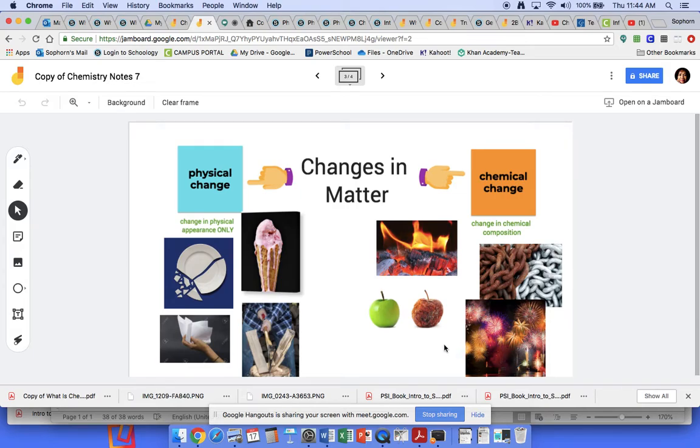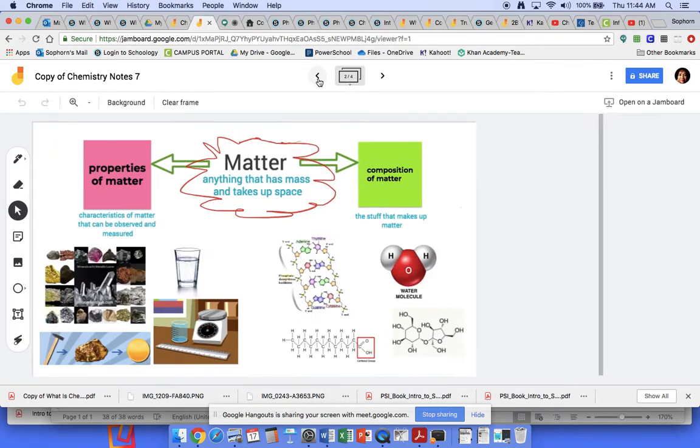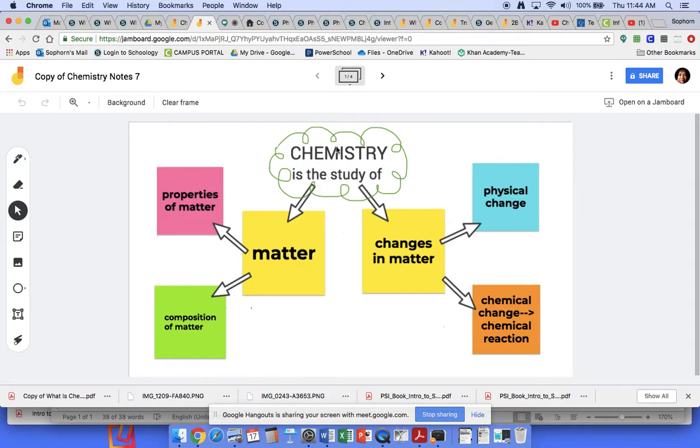All right. Now you might go, oh, Miss Lisick, this is too much. I can't get it all. This is just the introduction. So basically, I want to make sure that you know the study of chemistry is about matter and changes. We study properties, we study composition, we study changes in terms of physical change and chemical change.